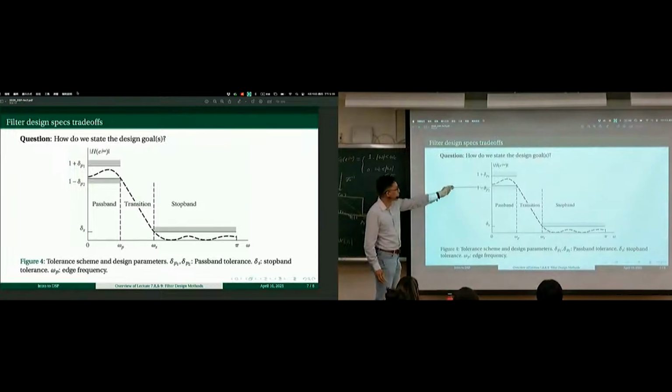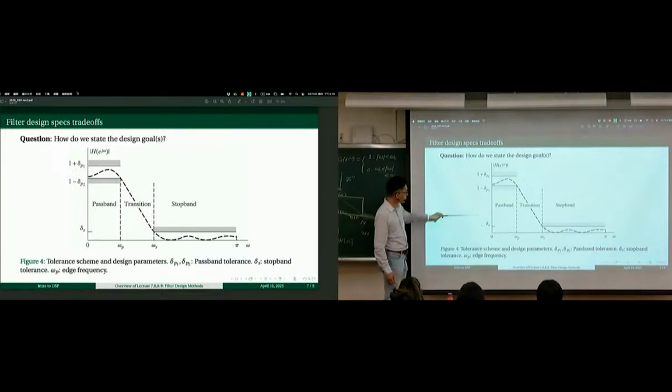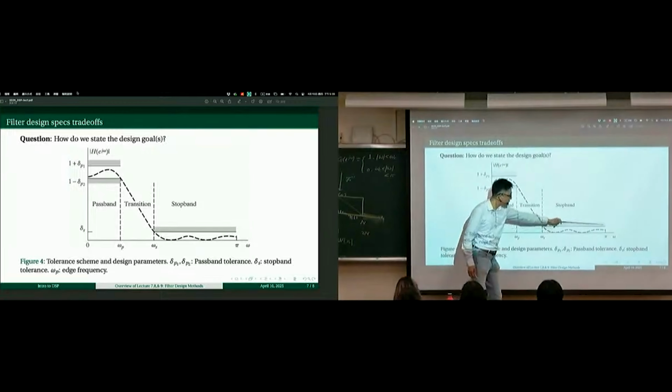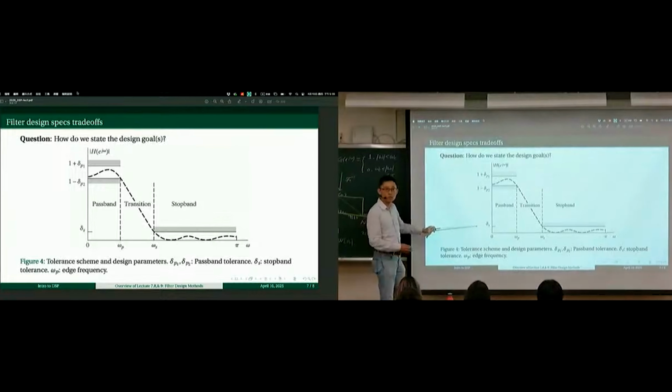On top and at the bottom for the pass band, there are two pass band tolerance parameters. Similarly, we have a stop band tolerance parameter denoted as delta S right here. How much are we allowed the stop band response to be non-zero? The gain should not be greater than what we are willing to tolerate.